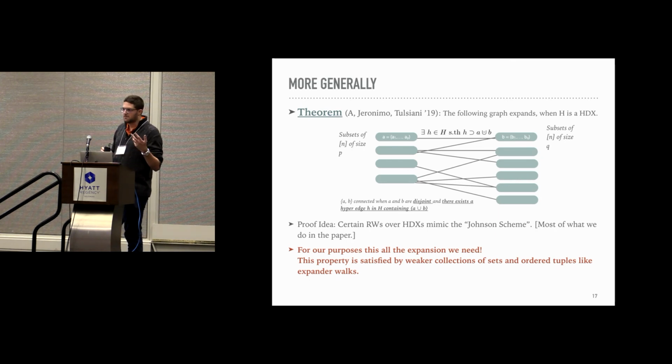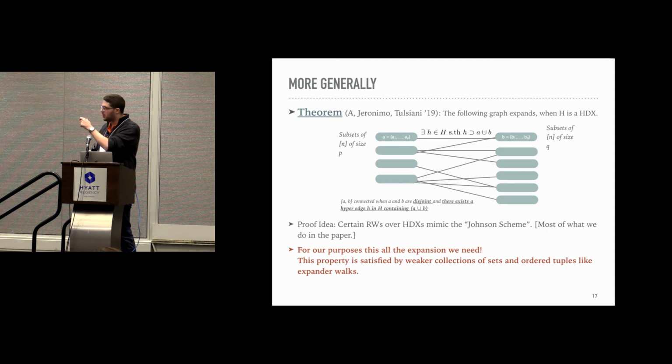We liken a high-dimensional expander to the analog of the complete graph. So this is what you call Johnson scheme, Boolean slice, complete complex. Like the name you call it by depends on your background. But what we show is that if you consider certain random walks over high-dimensional expanders, they mimic the analogous random walks over Johnson scheme. And these random walks are known to be expanding.